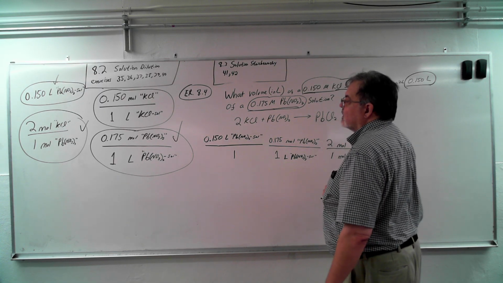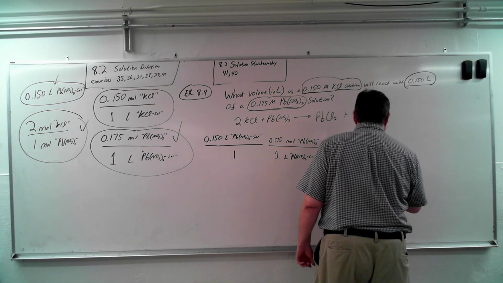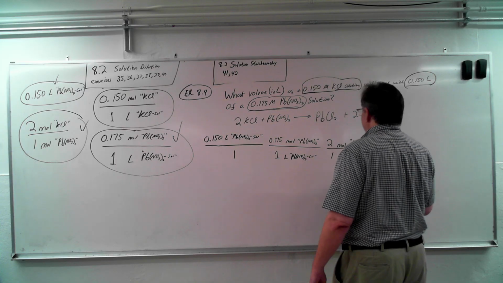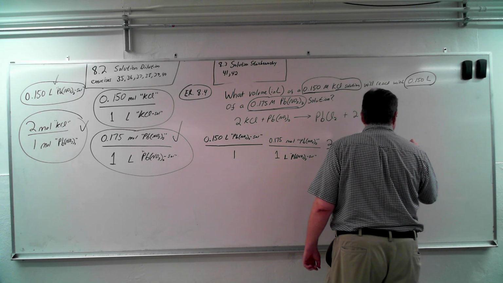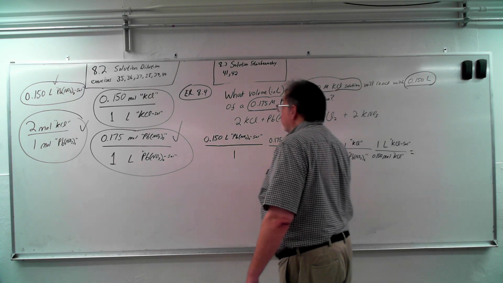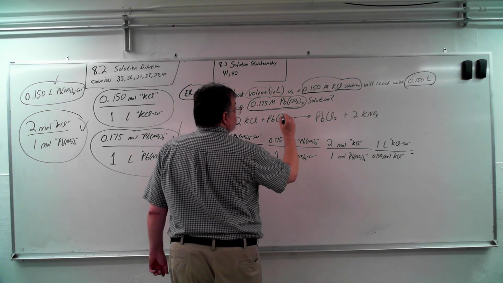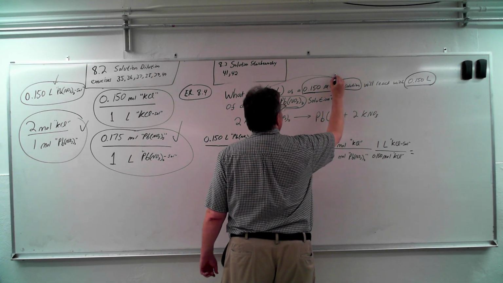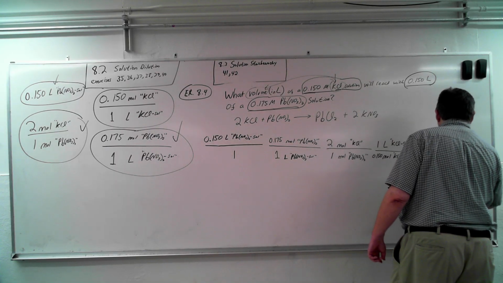It is 0.150 moles of KCl to 1 liter. And that'll do it. That'll give you what volume of this KCl solution. We end in liters of KCl solution.